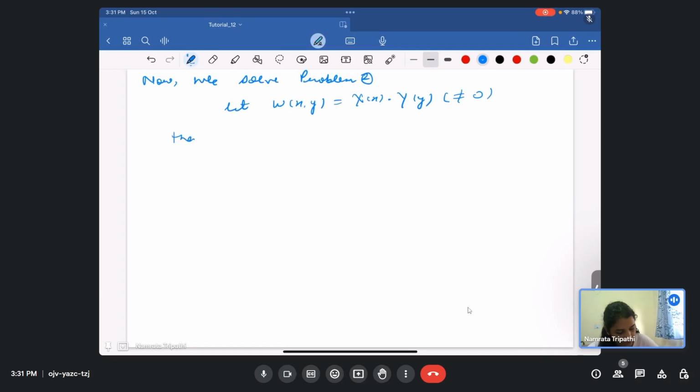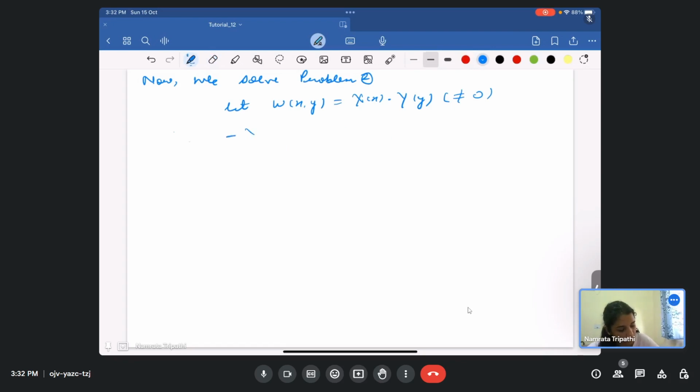The boundary condition when x is from 0 to a. This implies, okay, first of all we have to substitute this in equation 1.